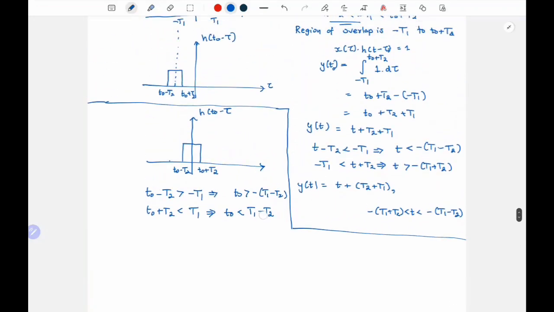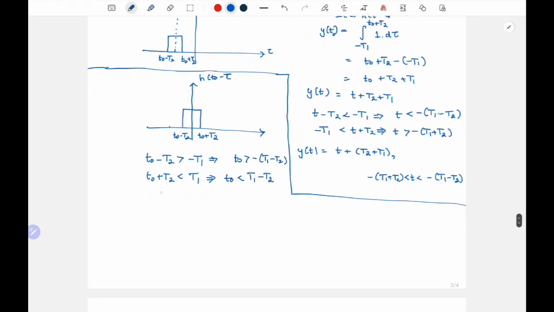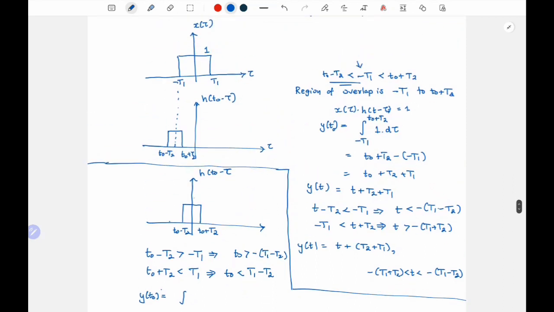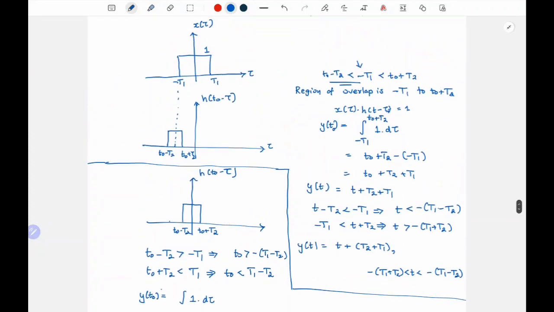So now what will be the integration? It is like the entire region, right? So y of t naught is integral of the product, which is anyway going to be 1, between x of tau and h of t naught minus tau. So 1 d tau. Limits are, since this entire h of tau is inside x of tau, only the limits will be from here to here.